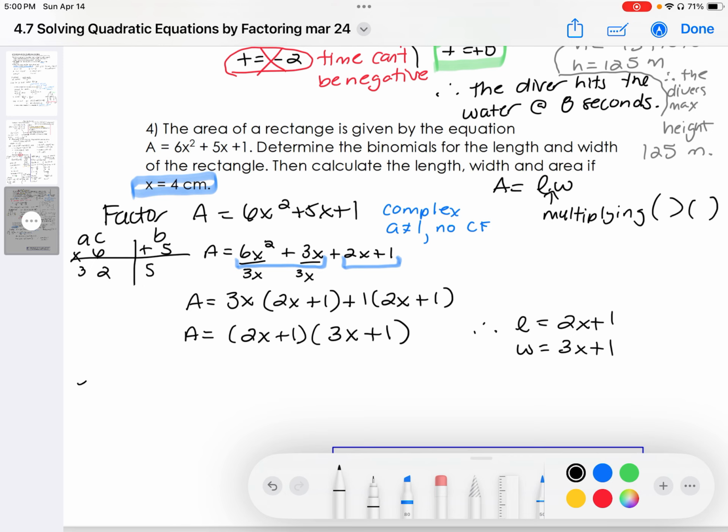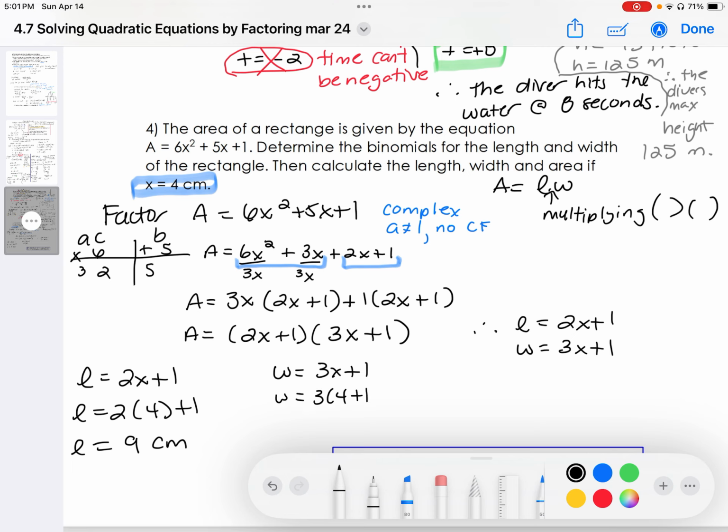When you solve for length or width, just make sure you have units, and then area, of course, should be the unit squared. Okay, so this time we have centimeters. So 2 times 4 plus 1 is 9 centimeters for length, and width is 3x plus 1. 12 plus 1 is 13 centimeters.